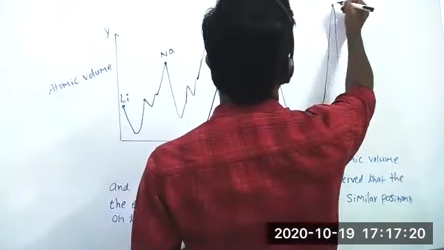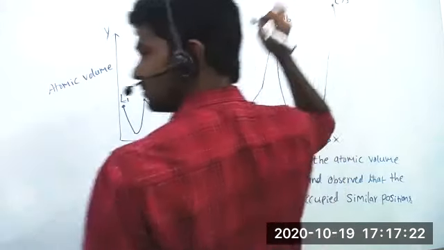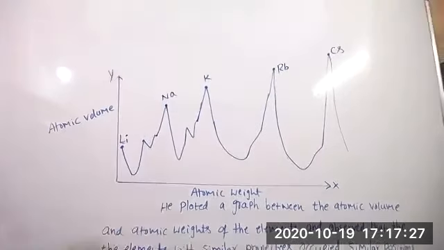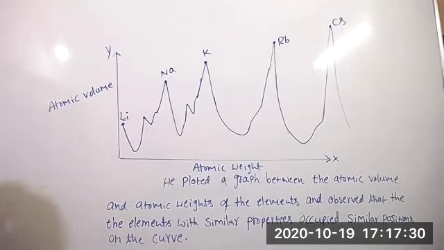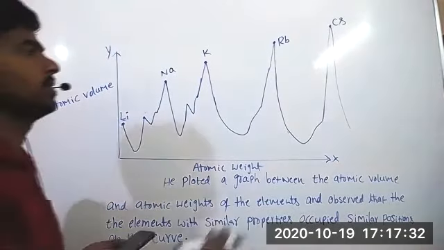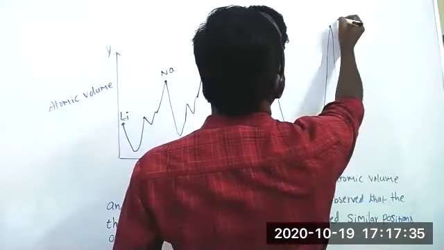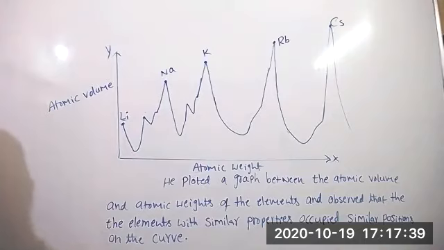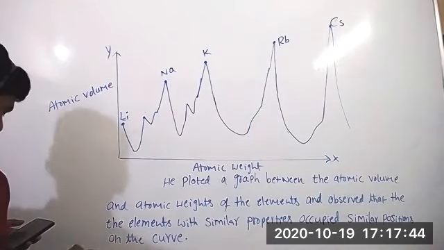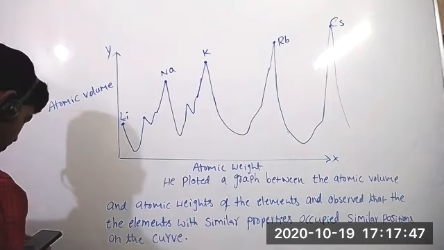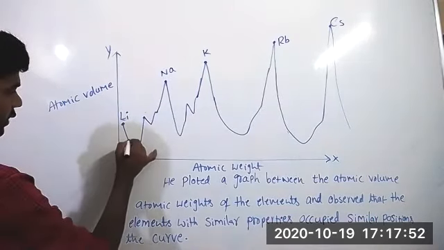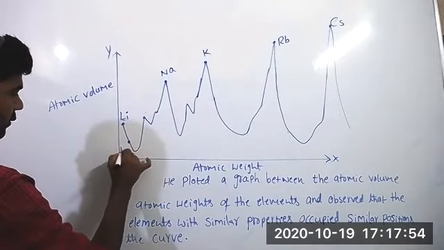This point for cesium, Cs, capital C, small s. And here, beryllium, Be.